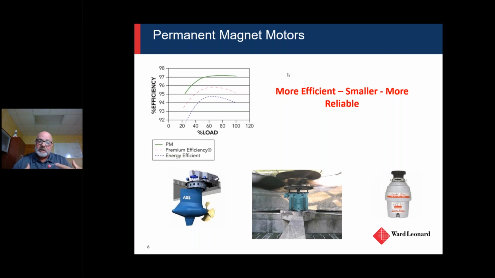So typical applications would be, on this lower left-hand side, a thruster motor on a boat, and high torque, high efficiency, those kinds of things. Cooling tower motors are another really great application, because you can direct drive that. You don't really have to come off of a belt at that point. And then even your standard garbage disposal is a permanent magnet type of motor.